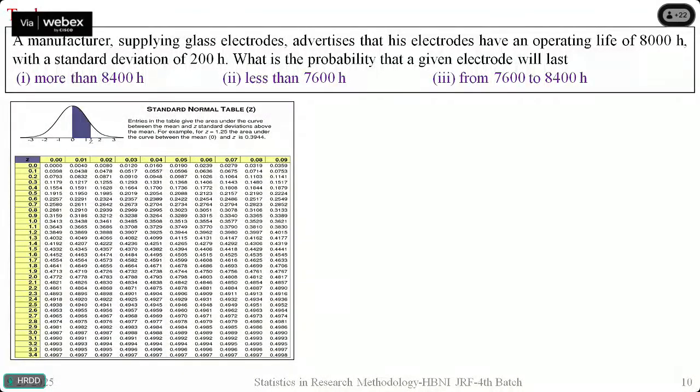A manufacturer is supplying glass electrodes. He advertises that his electrodes have an operating life of 8,000 hours with a standard deviation of 200 hours. What is the probability that a given electrode will last more than 8,400 hours?